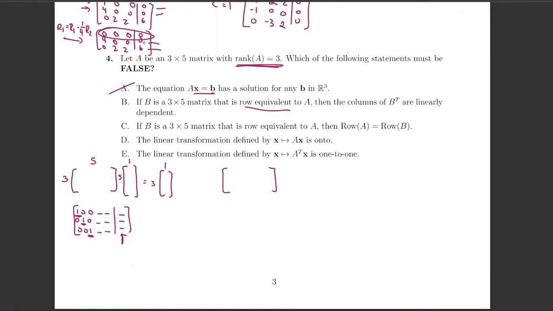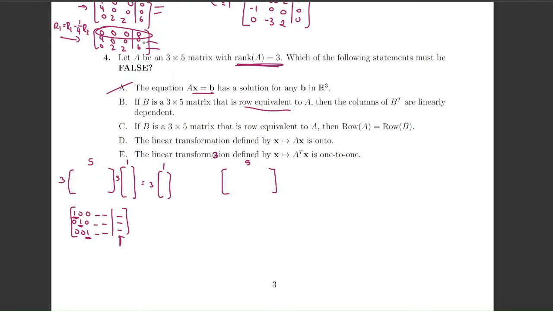So it just means that B is a version of A, but you have done some row manipulations to it. We're trying to see if the columns of B transpose are linearly independent or dependent. B transpose flips it over, exchanging the rows and the columns. So you're going to have a 5 by 3 matrix, with 5 rows now and 3 columns.